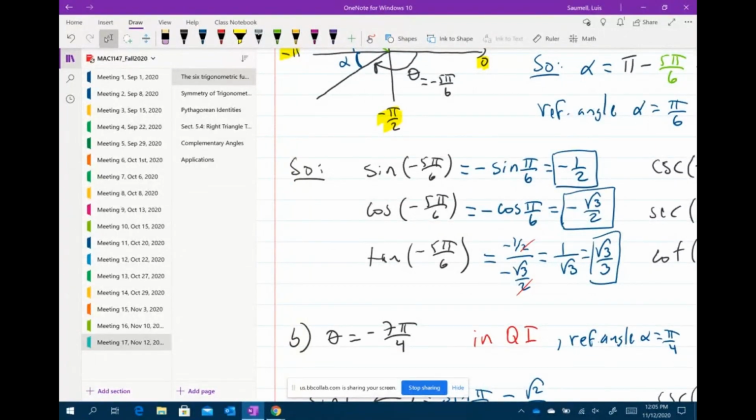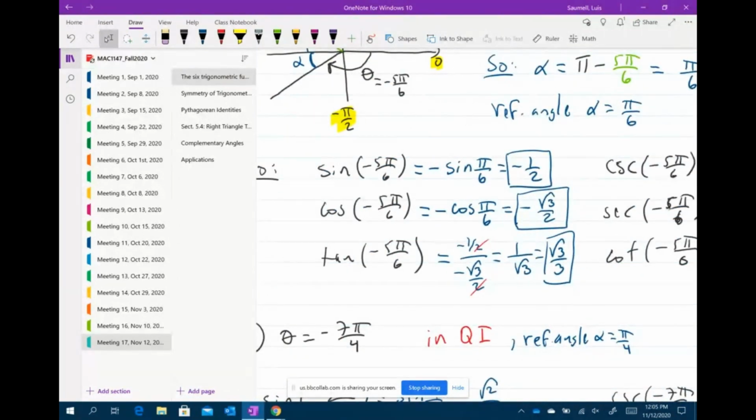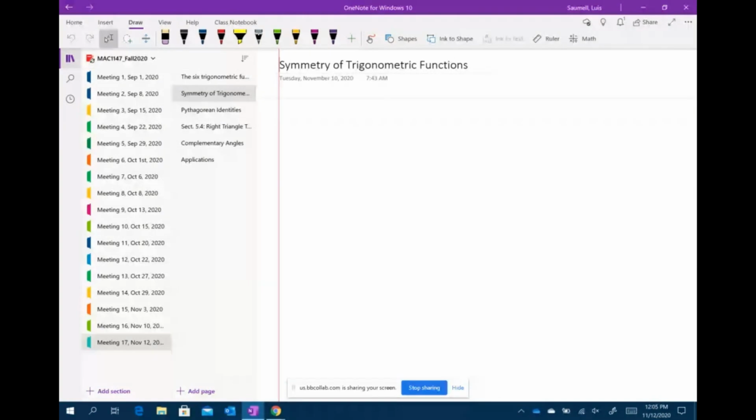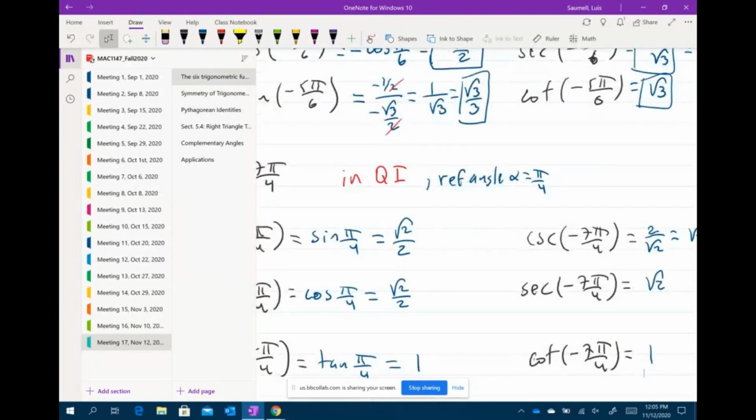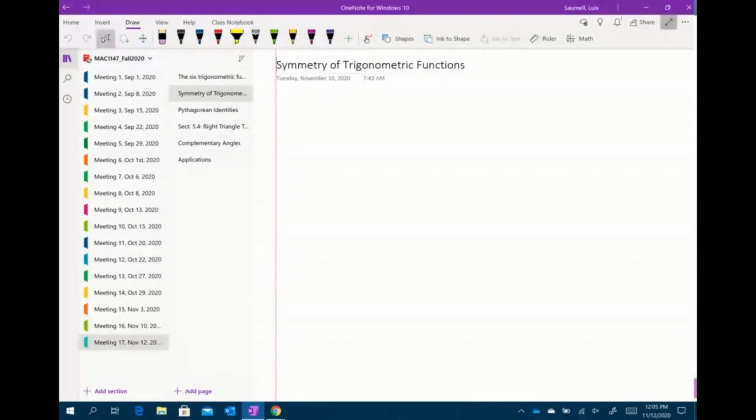In here it may not be straightforward to see because we have the cosine. But anyways, let me just talk about the symmetry, and then we're going to go back to this example that we just did, and I'm going to make some associations to them. But let's first talk about symmetry.